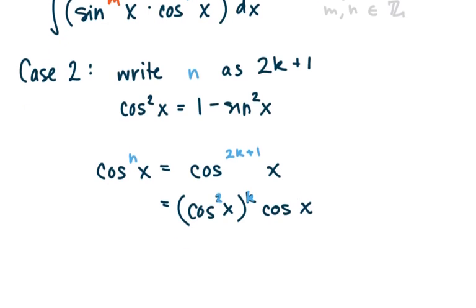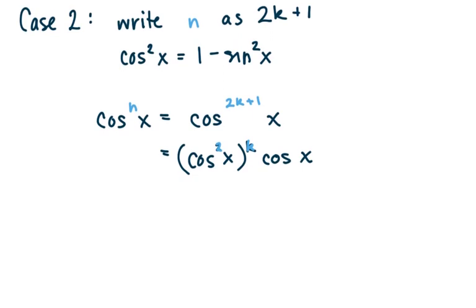And so when we perform our substitution, we know that cosine squared x is 1 minus sine squared x, so that would be squared, times this cosine x.